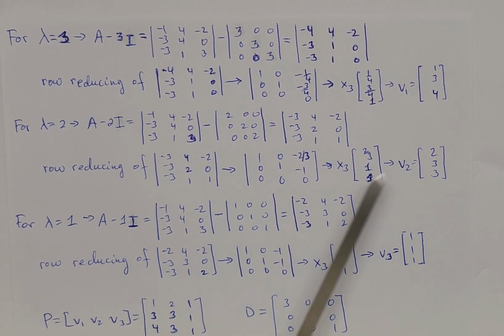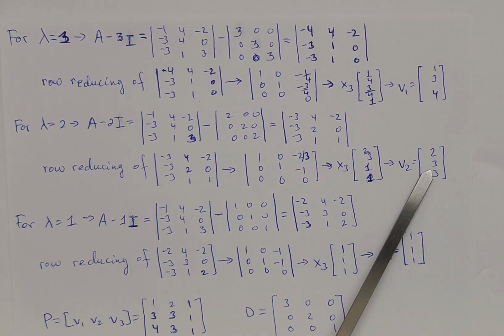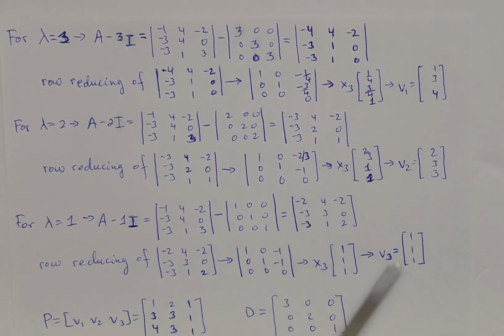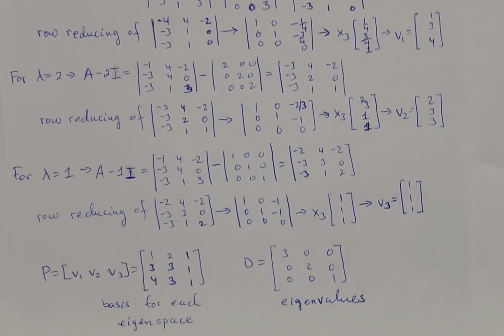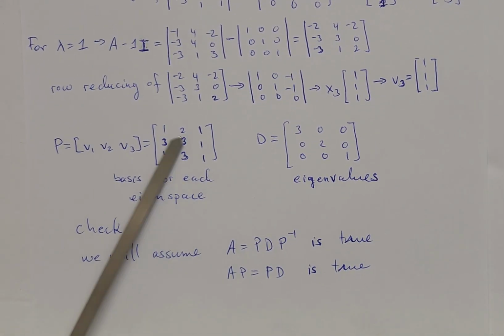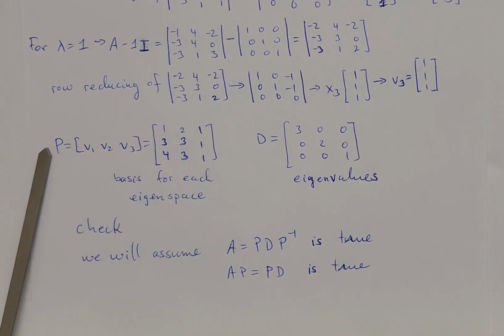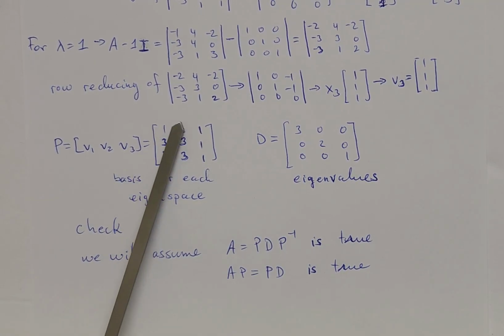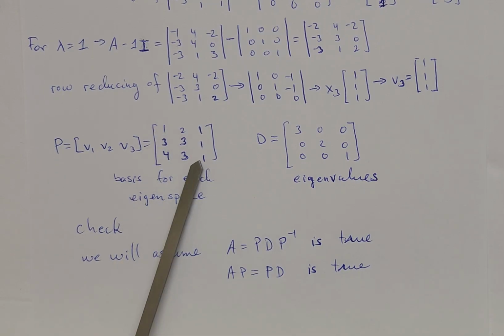Again, put all three of these bases right here together to give me my P. So again, the P matrix has all of the bases or vectors that belong to the eigenvalues.